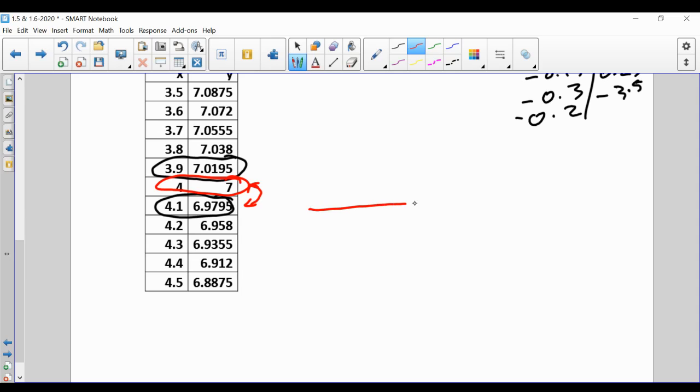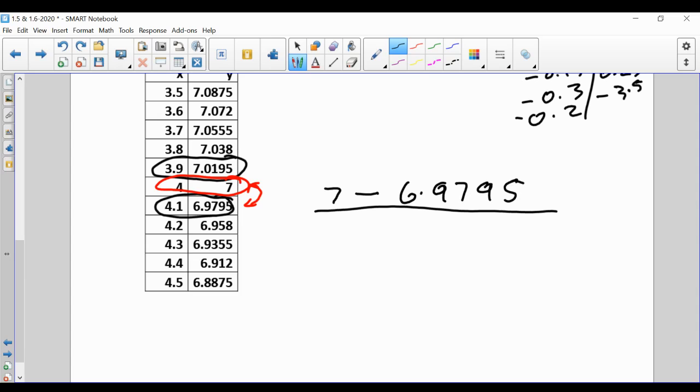I'm going to set up a slope calculation. Actually, let's put the 7 first. Remember that people were getting it backwards yesterday. I want to put the 2 Y values on top of each other. So I'm going to put the 7 minus the 6.975.